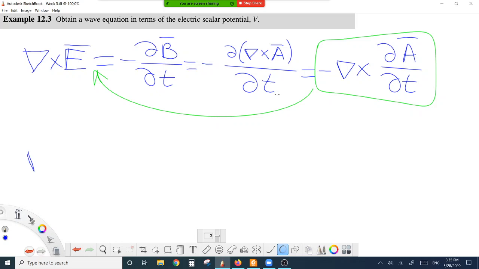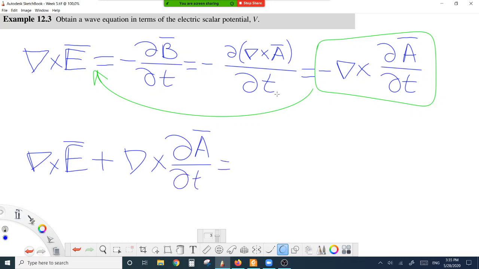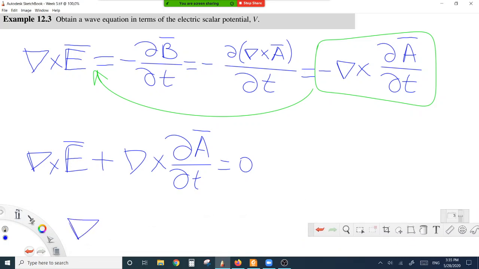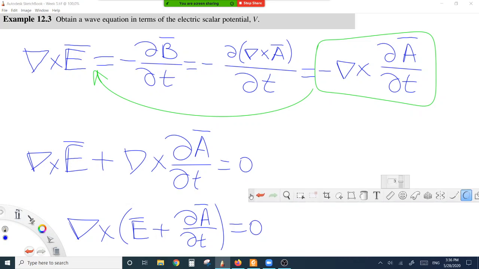What we get? We get the rotor of the electric field intensity plus the rotor of dA over dt is equal to 0, or rotor of (electric field plus dA over dt) is equal to 0.